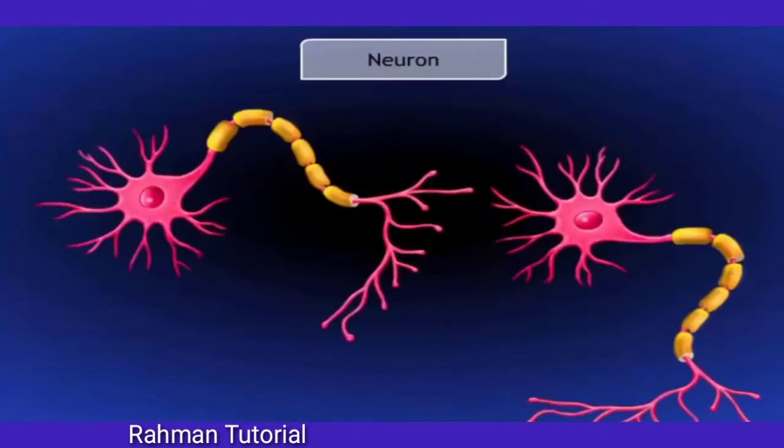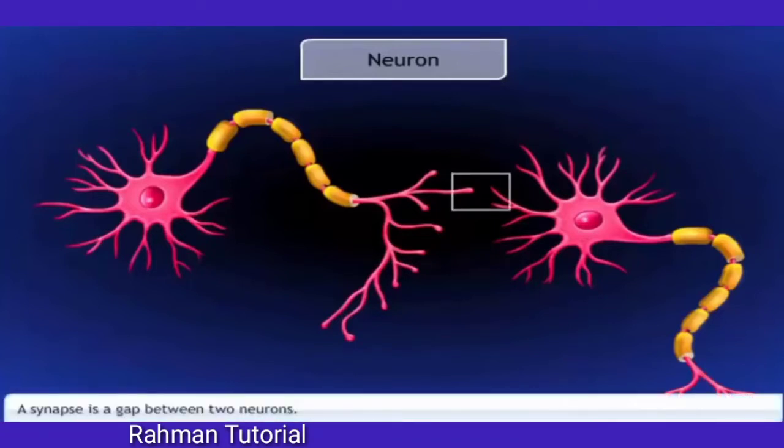The axon terminals of each neuron are placed near the dendrites of another neuron. The gap between the two neurons is called synapse.